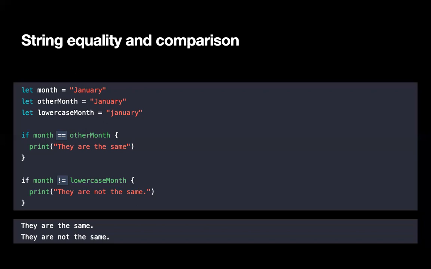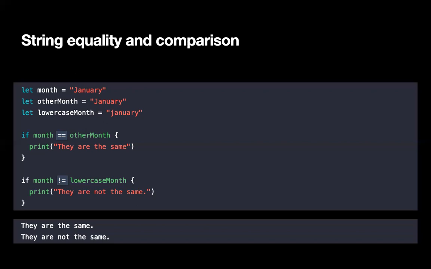Now here the month and other month are exactly the same. They are also matching in case, they have the same cases. So if you compare them, it will print they are the same.